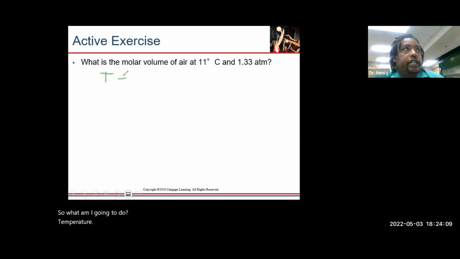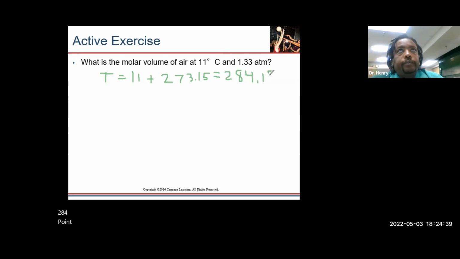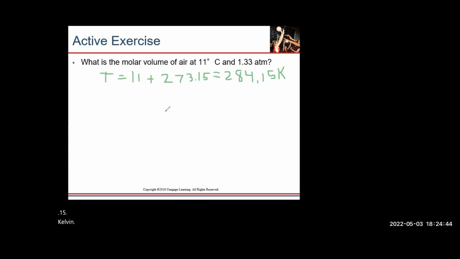So T is going to equal 11 plus 273.15, sorry, 284.15 Kelvin. We already have the pressure in atmospheres, so we will just keep it.